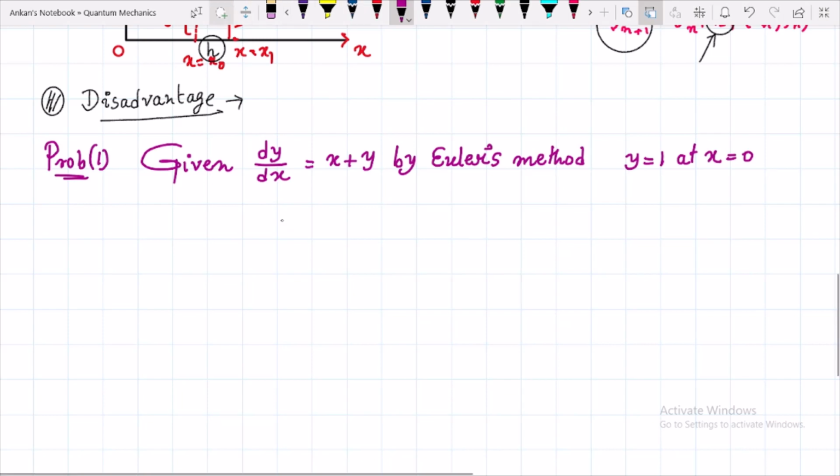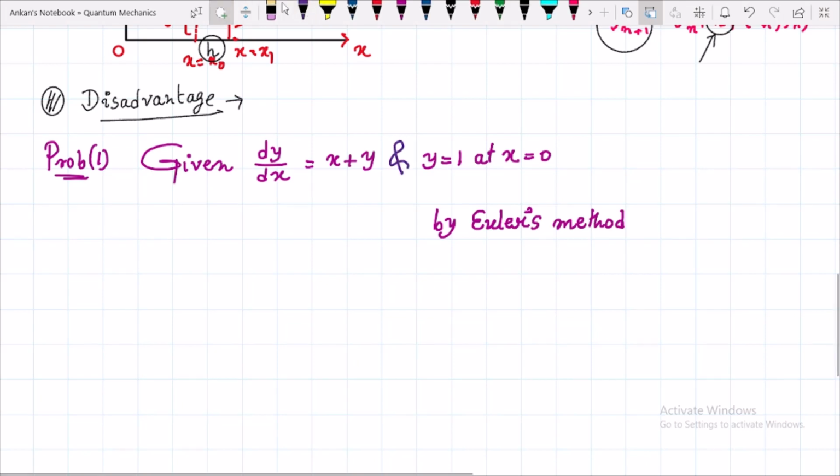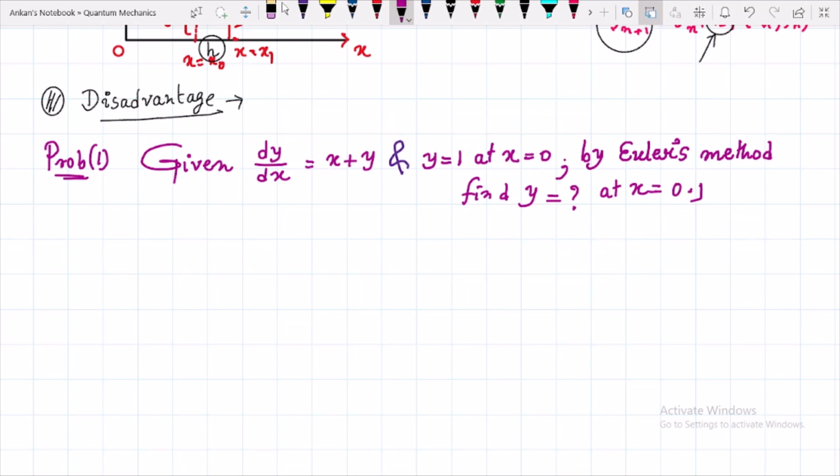Okay, so by Euler's method find y at x equal to 0.1.